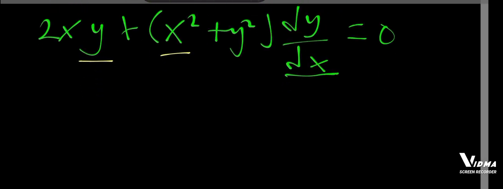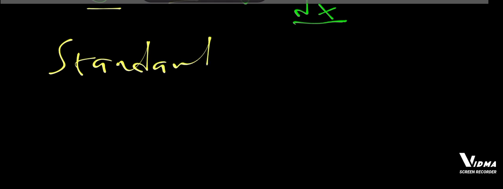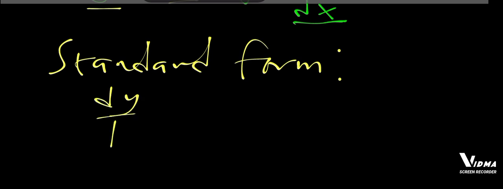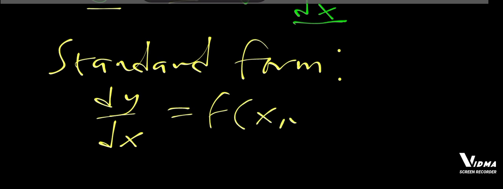The next one is what we call the standard form. And that one also is written as dy dx is equal to f of x, y.